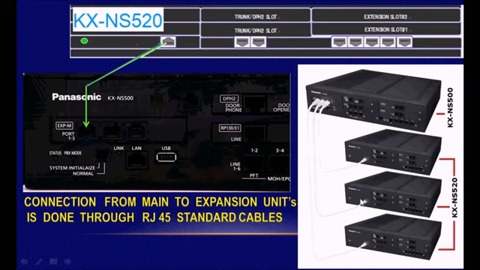Expansion units are connected to the main unit through RJ45 cables. From each expansion unit to the main unit, we must connect an RJ45 straight cable. Maximum 3 expansion units can be connected. We have 3 interfaces for 3 expansion units.